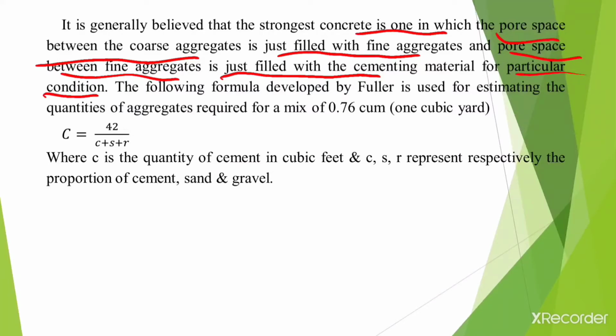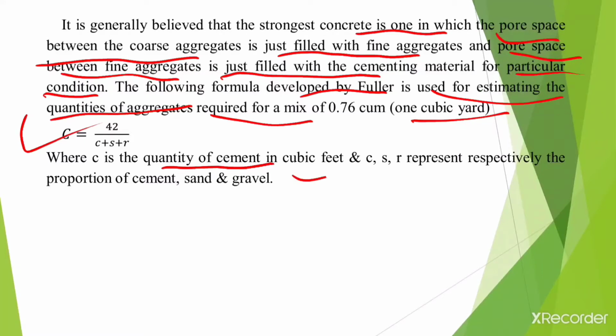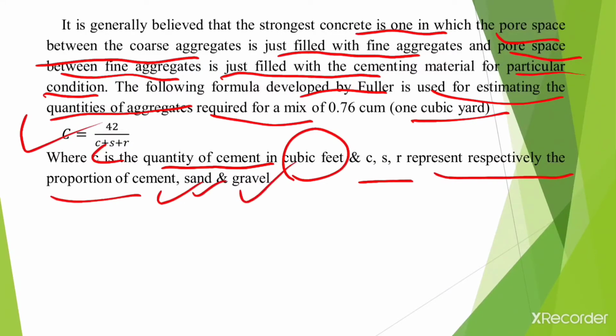And the following formula developed by the scientist Fuller is used for estimating the quantities of aggregates required for a mix of 0.76 cubic meter or 1 cubic yard, that is c = 42 / (c + s + r). Where C is the quantity of cement in cubic feet, and small c, s and r represent respectively the proportion of cement, sand and gravel.